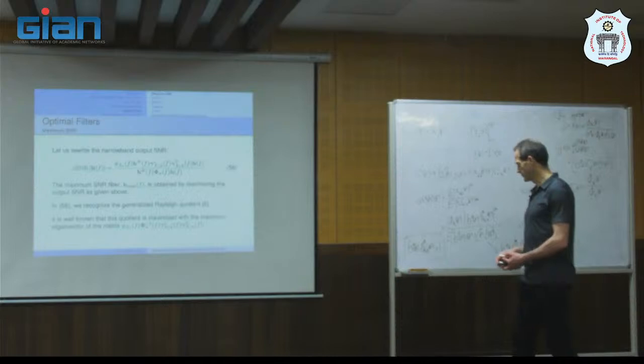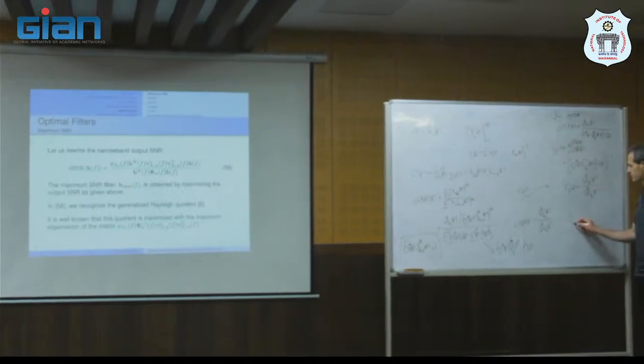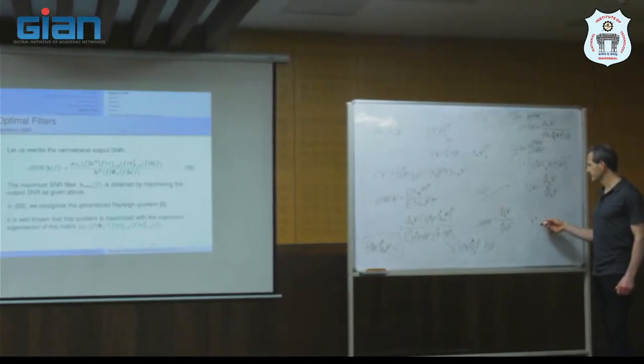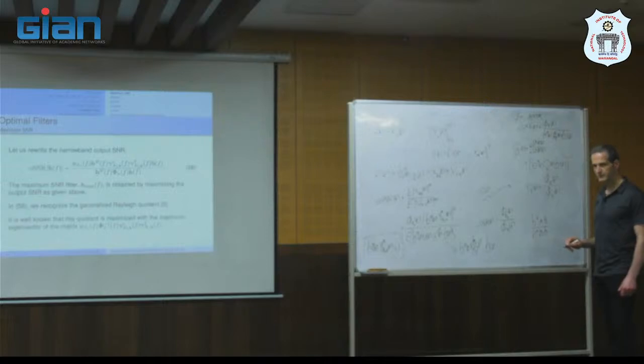So whenever we have a ratio of H^H times a matrix, let's call this matrix A, divided by H^H times matrix B, okay?